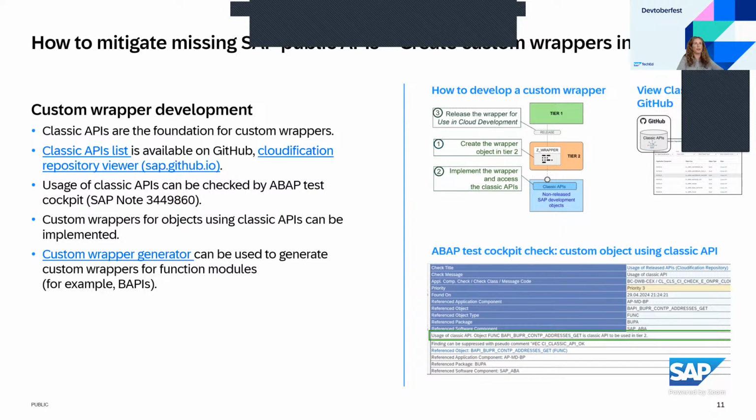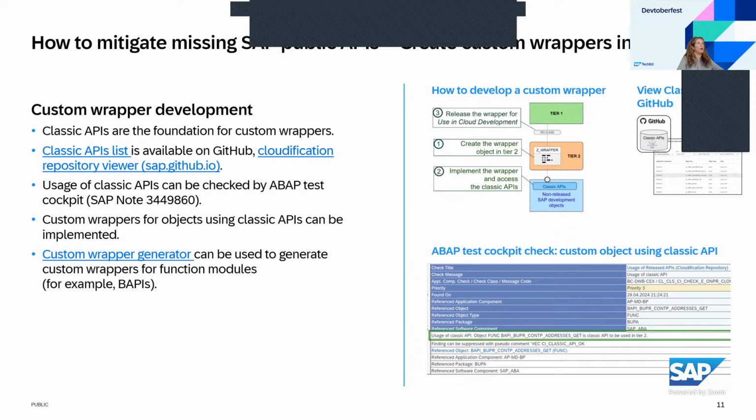We from SAP provided and nominated a list of classic APIs, which are stable across S/4HANA releases. This list is independent of the particular S/4HANA release, and you can use it for your custom wrapper development. This list is available on GitHub in the cloudification repository, and the usage of classic APIs in your code can be checked via the ABAP Test Cockpit.